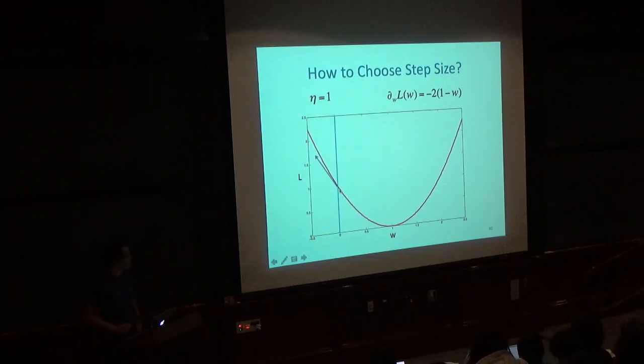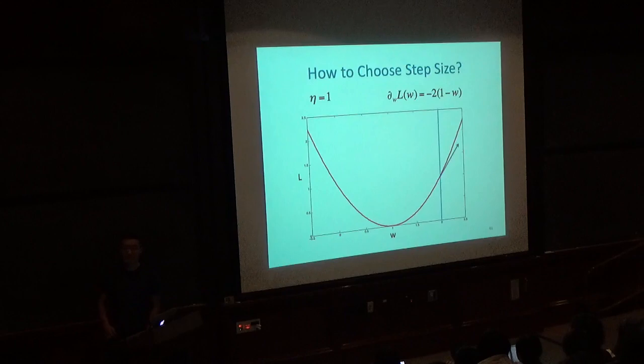That's the opposite of the gradient, and we update w. Let's say the step size eta equals 1. So we're going to go from w equals 0 to w minus negative 2 times 1 times 0 minus 1, which is just minus 2. So w equals w plus 2. So w equals 2. Okay, now we're over here.